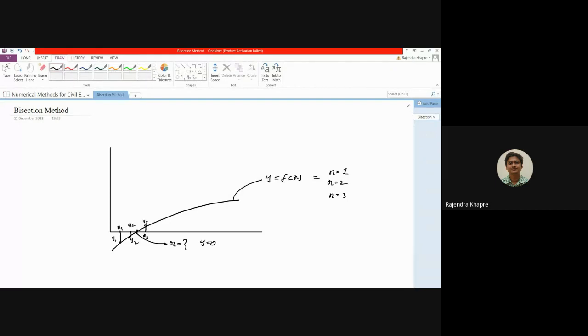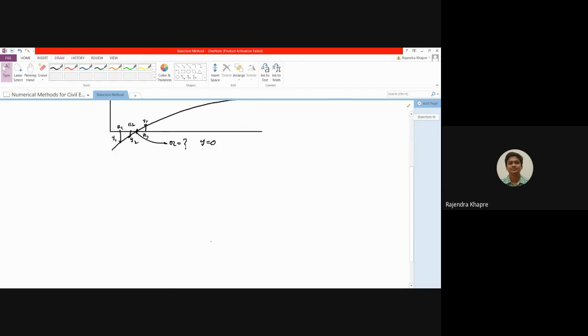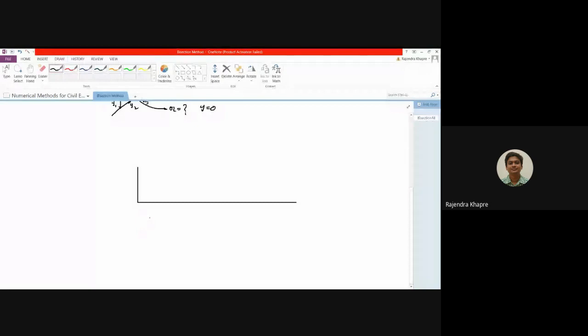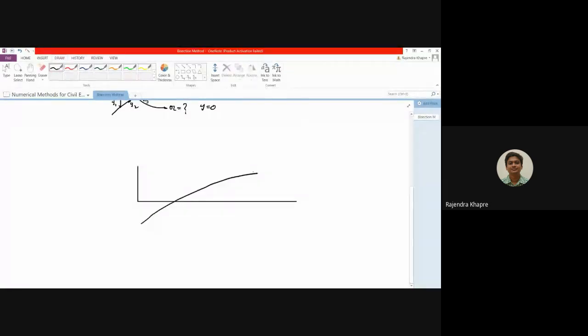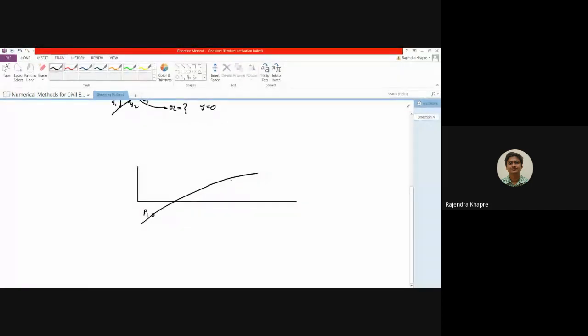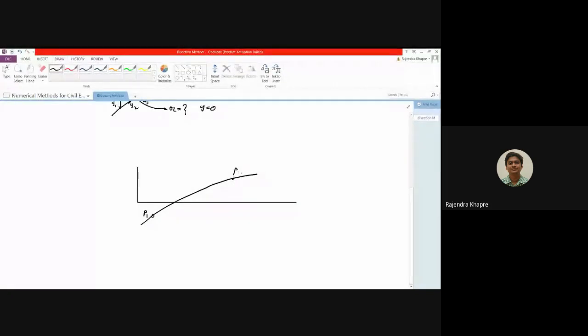Now how to do this? For this purpose we are using a simple method of bisection. In the bisection method, let us say we have axes something like this, and we have a curve like this. Now we are going for 2 points on the curve. This is point number 1, and this is point number 2.